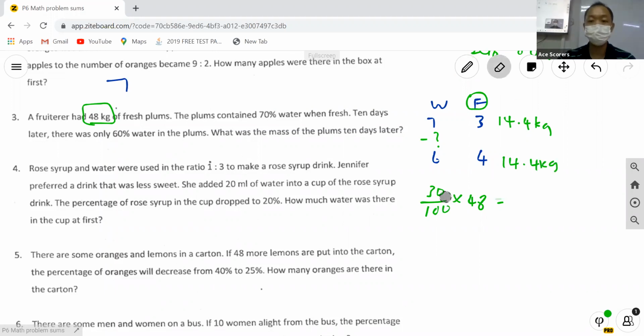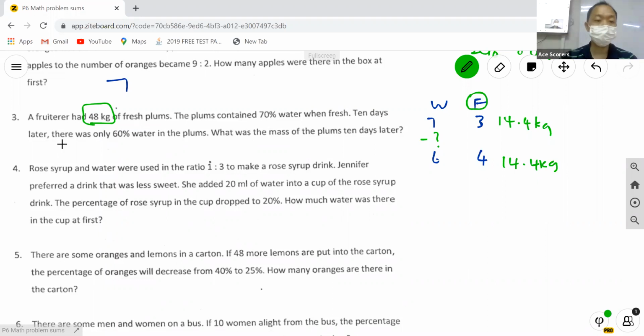Got it? The flesh did not change. So if this doesn't change, what was the mass of the plums 10 days later? 30% flesh when fresh.